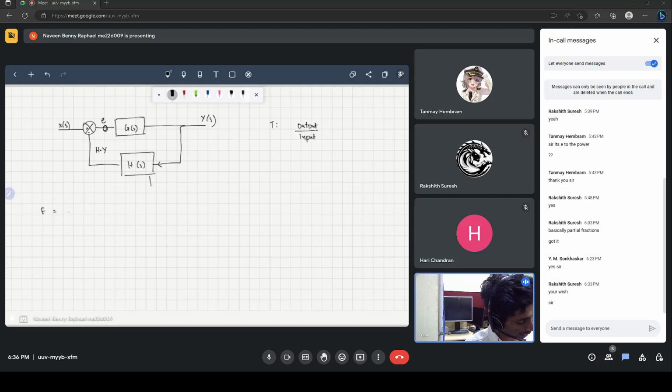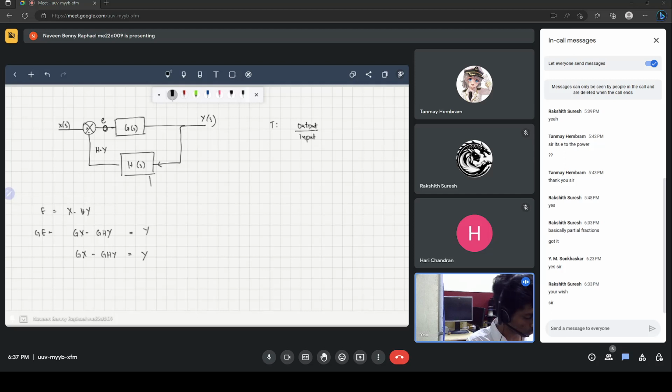E is equal to x minus h into y. So the input to the controller and actuator is this signal, and that means the output would be g into E, which is gx minus ghy. But we know this output is y. That is, we have gx minus ghy is equal to y.